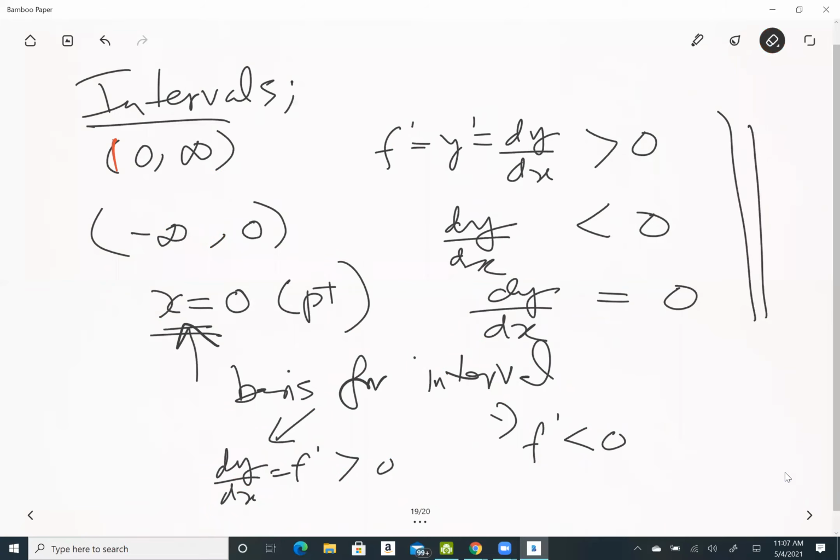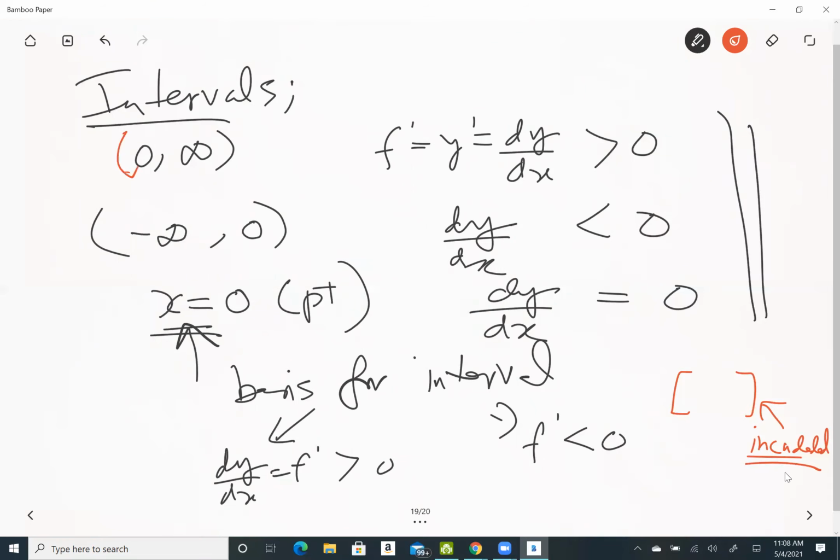If the 0 is included, then the interval would be like this. You include the 0 with that sign. If you include this kind of sign in the interval, that means the endpoint is included, but we don't do that because 0 is where the slope is equal to 0.